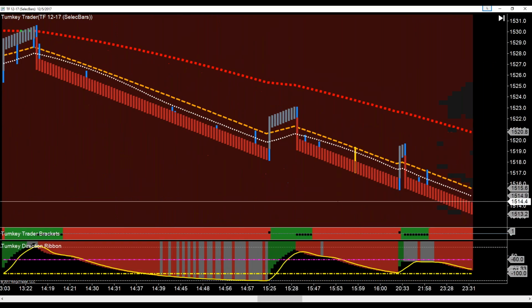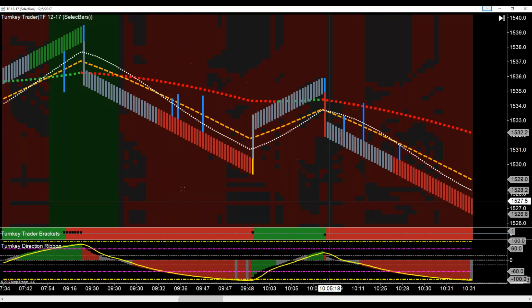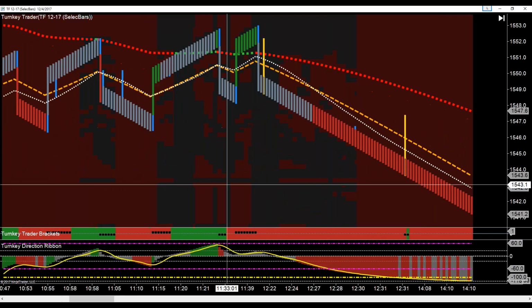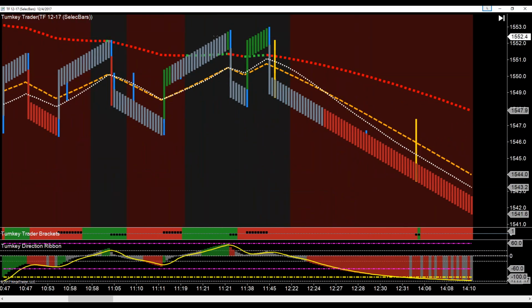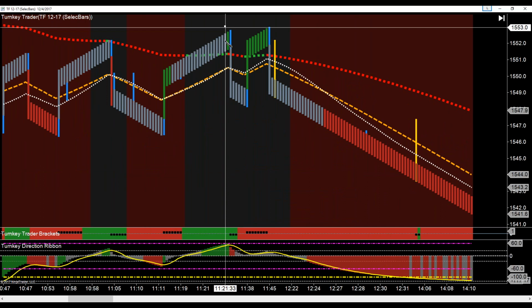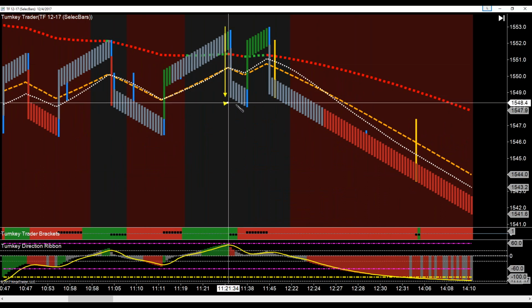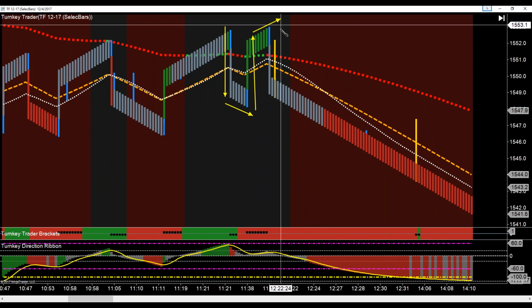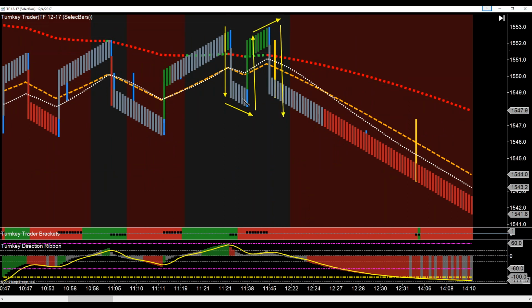Let me just do a quick scan here, because the markets have been trending a bit better lately. Something like this would be a pretty good example. Just this action here, and then come back up over the 200. Almost like the teeth of a zipper.